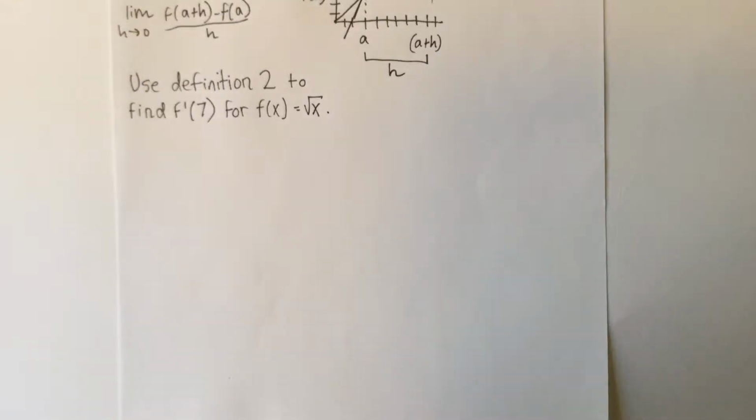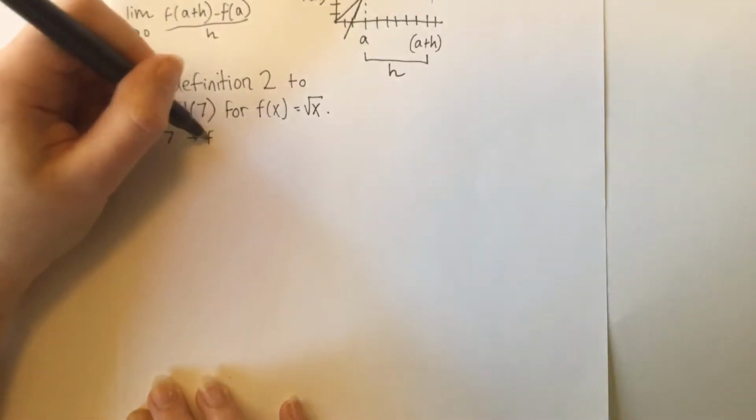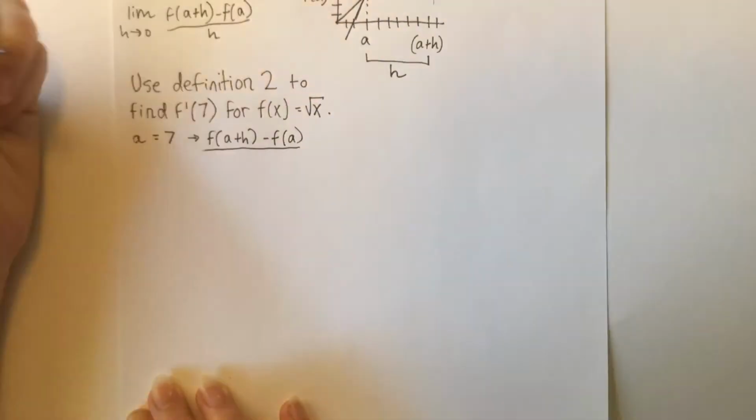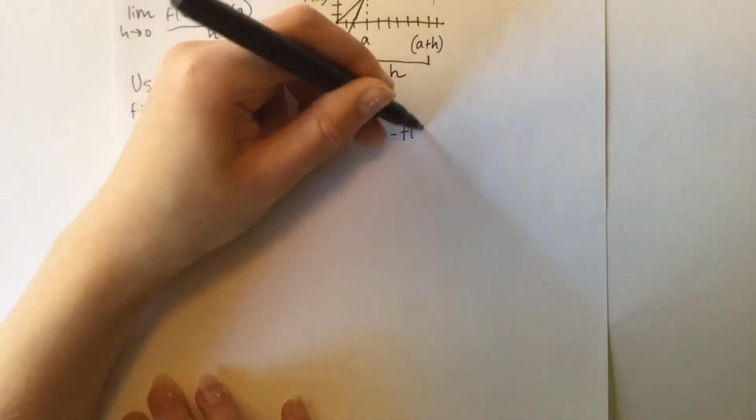So here the problem is asking to use this second definition that you just learned to find f prime of 7 when f of x equals root x. So we have the equation for f of x, and we have the point 7. 7 equals x, or in this case a sort of represents x.